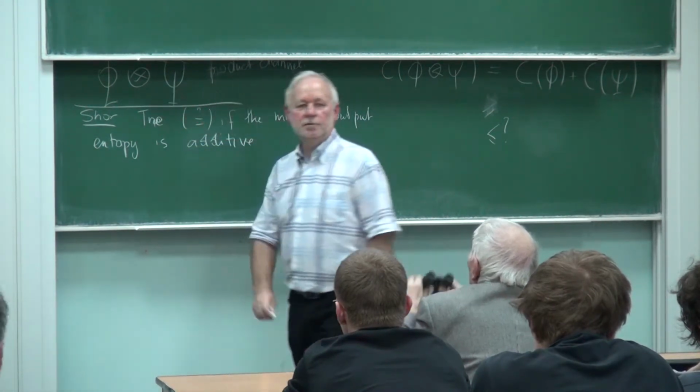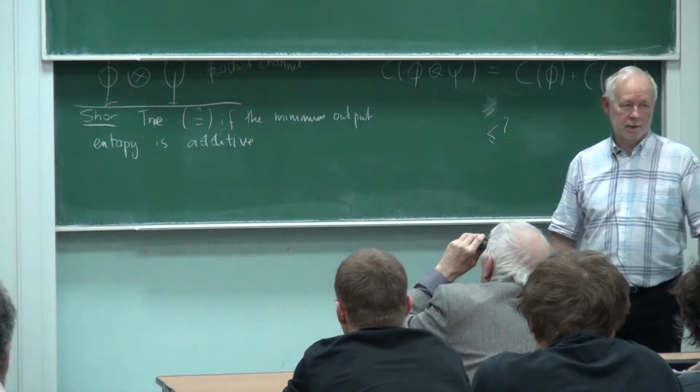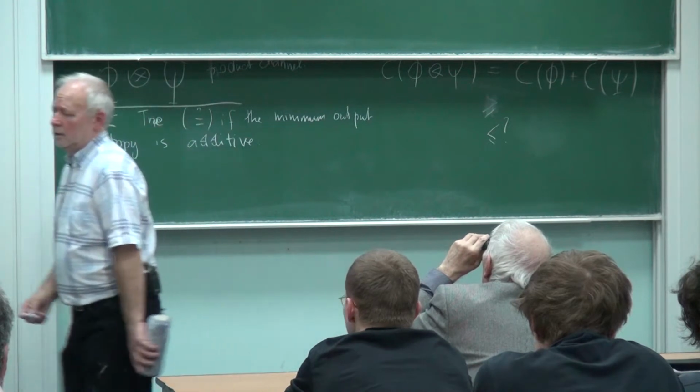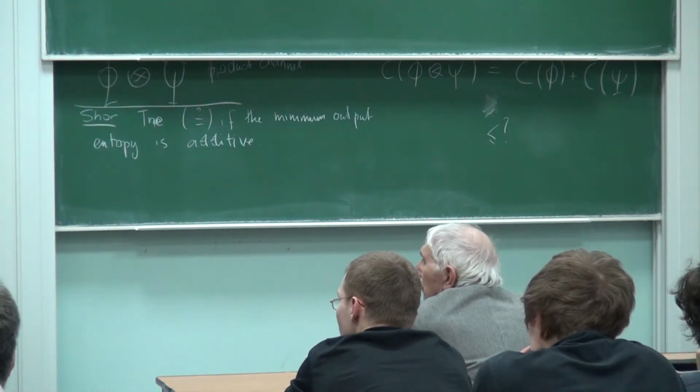Now I didn't define what the minimum output entropy is, but that will be the next step. So minimum output entropy. Did I have a notation for it? Probably.